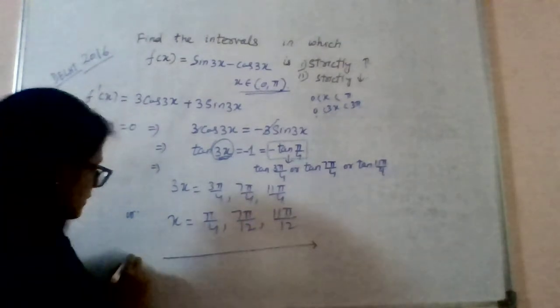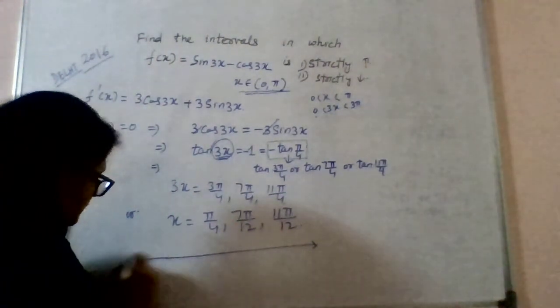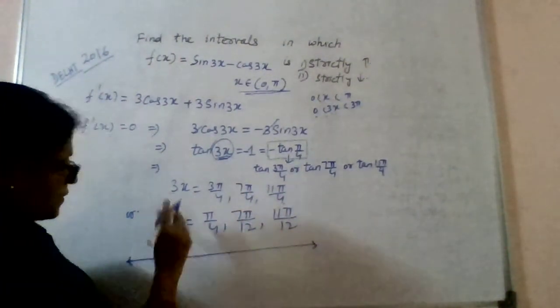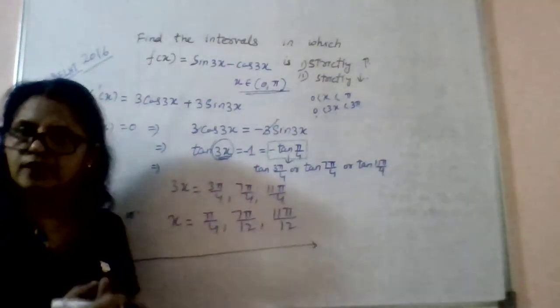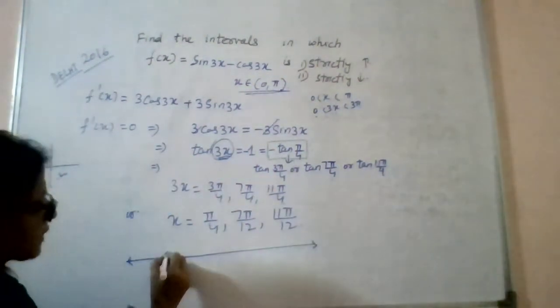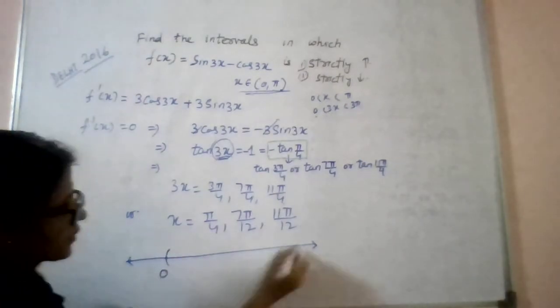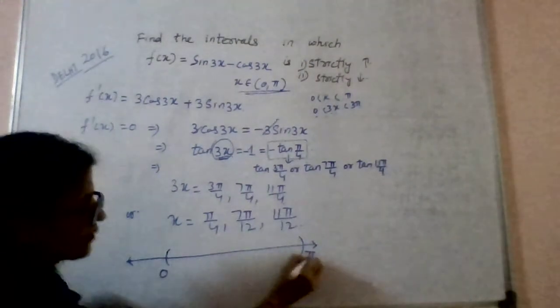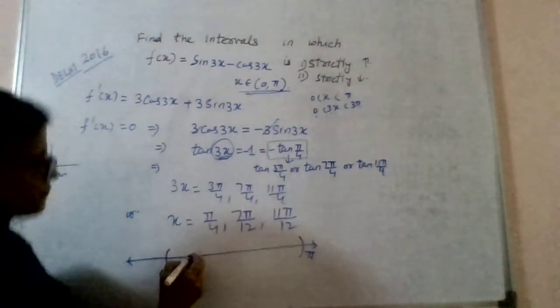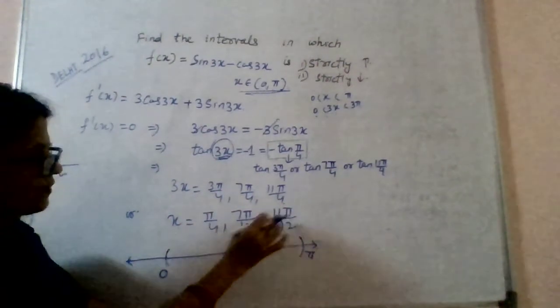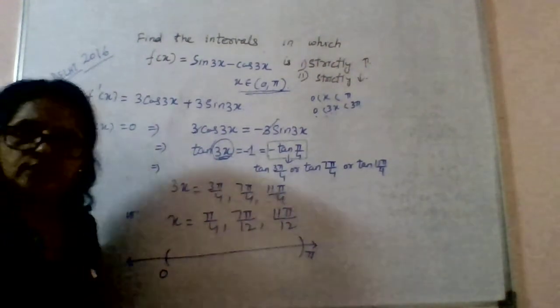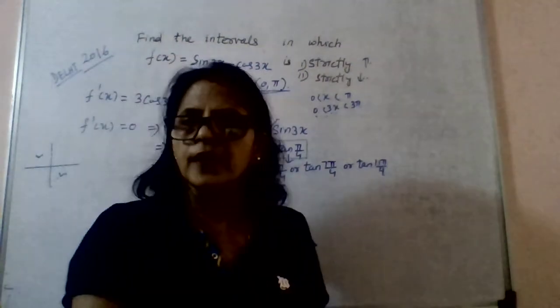So, next step is getting the number line. Because we have the restriction, we have a fixed interval here. So you take 0 here and pi here, and plot pi by 4, 7 pi by 12 and 11 pi by 12 on the number line.